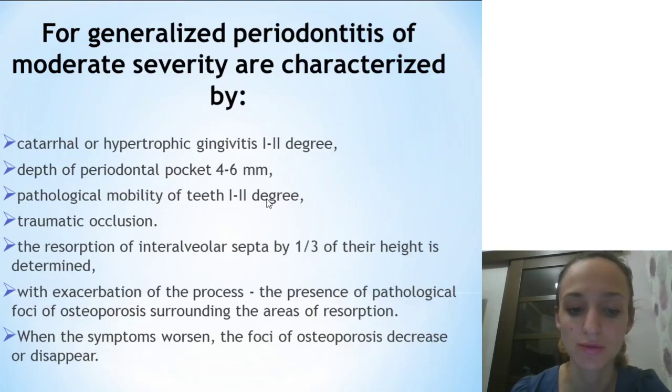Radiography reveals widening of the periodontal space, destruction of the cortical lamina, and unequal resorption of the spongy substance of the interdental partitions up to one-half of the root length, and osteoporosis in the present areas.